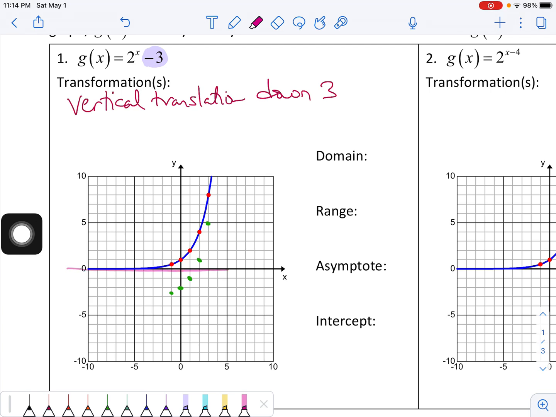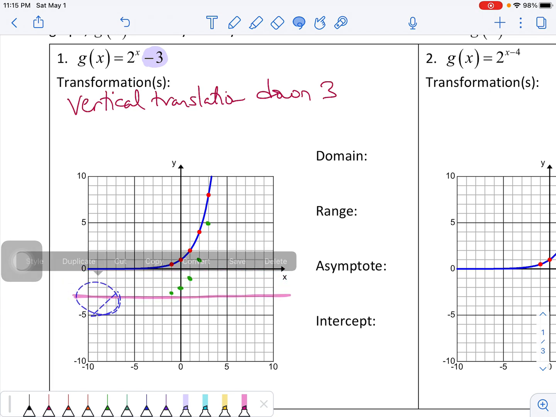It's really thin, I know. That's okay. I'm going to erase it in a minute anyway. This horizontal asymptote is going to move down 3 units. So I actually want to put it in place. I'm going to loop it and drop it down 3 units here, because that's actually going to help me draw my curve.